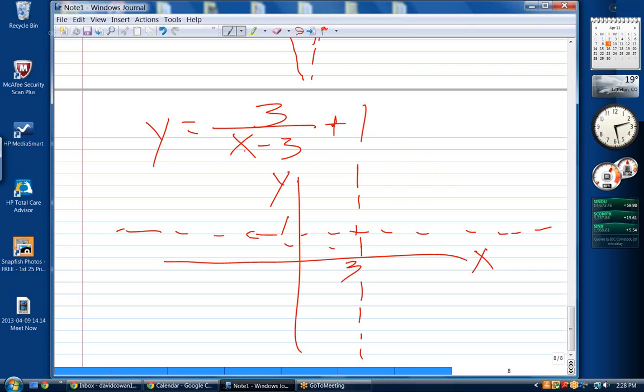So when I put in a value of 4 for x, what do I get for y? 4. In other words, if x is this point right here, y is 4, which is right there. There's x equals 4 and y equals 4, which means that point is in the first quadrant.